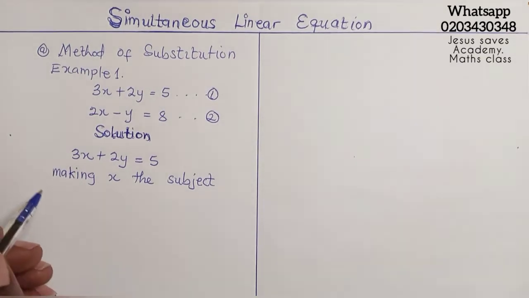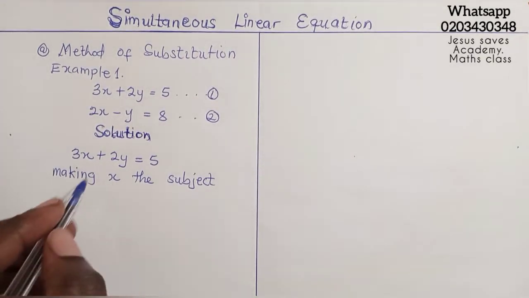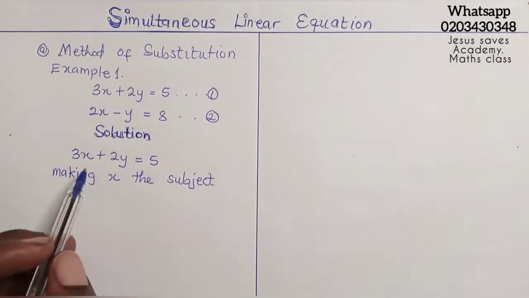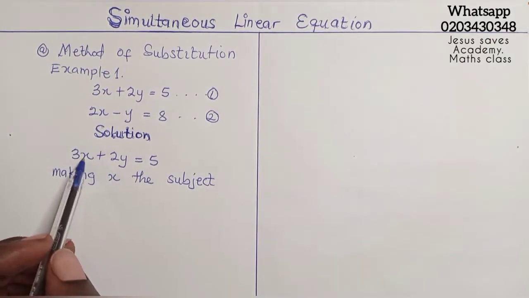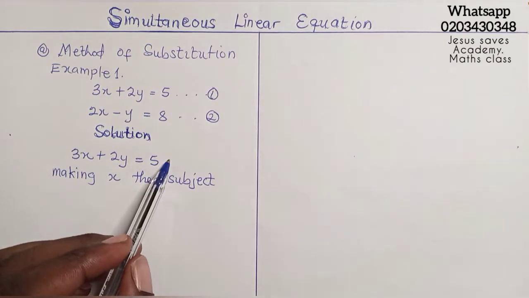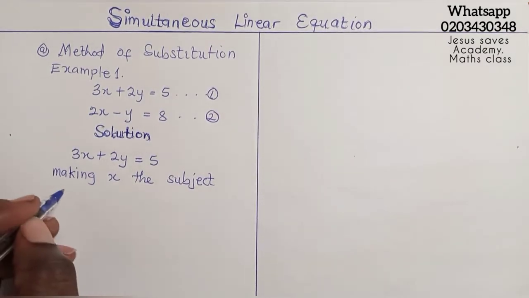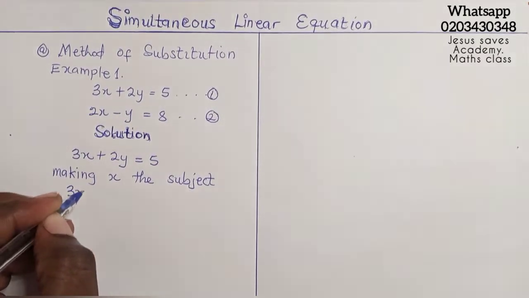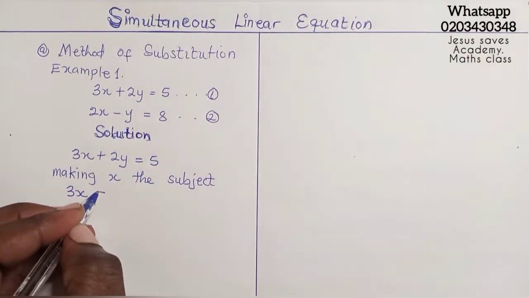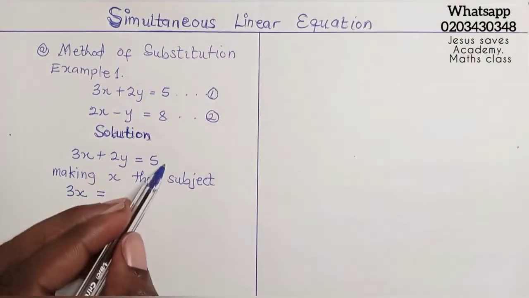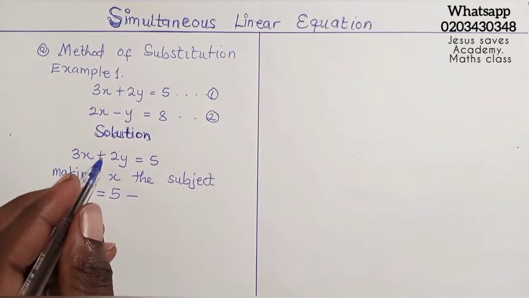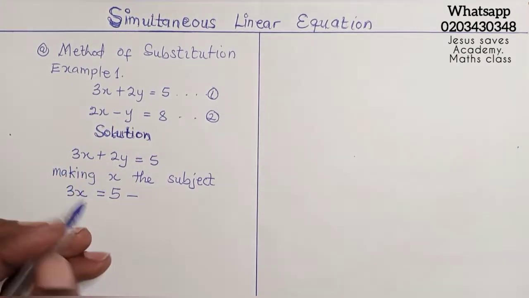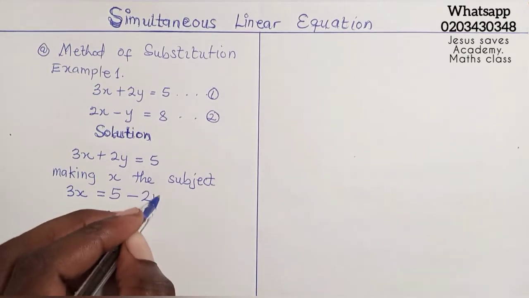When you are making x the subject in this equation, we'll send all those numbers and variables that don't have x attached to them to the other side. So x will be equal to, then we bring this one to the other side: 5 minus, because this place is plus, so this one will be minus 2y.